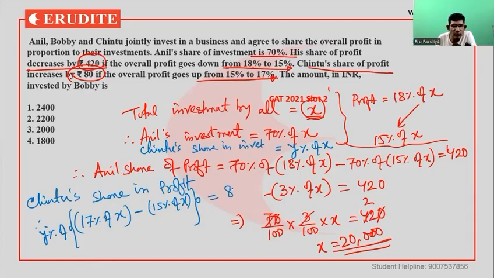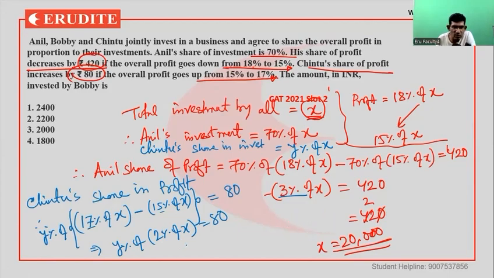So the difference in profit will be equal to 80. Now I can say y% of 17% minus 15%, which is 2% of X, just like Anil, is equal to 80. So now by solving, we know X equals 20,000. So we put the values: y by 100 into 2 by 100 into 20,000 is equal to 80.